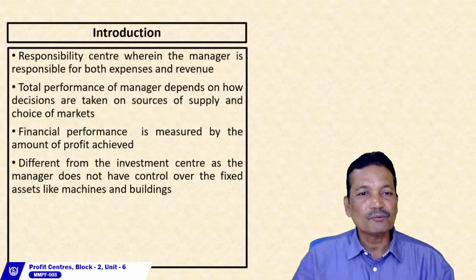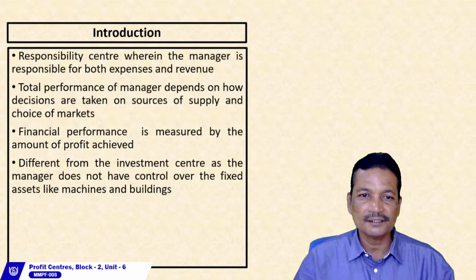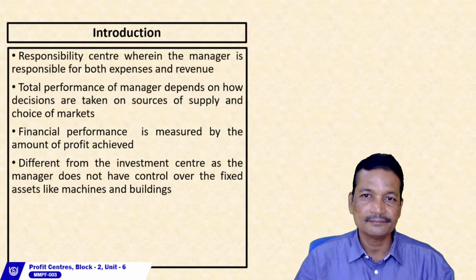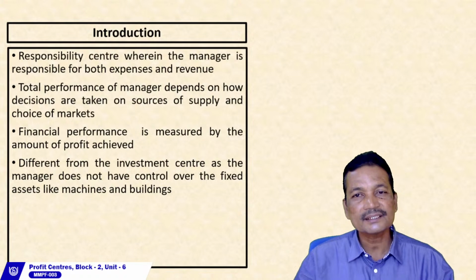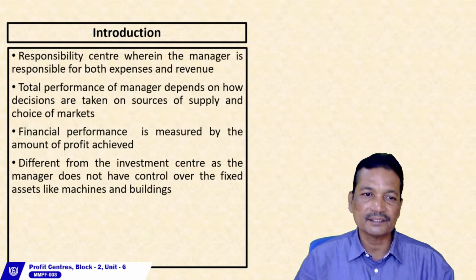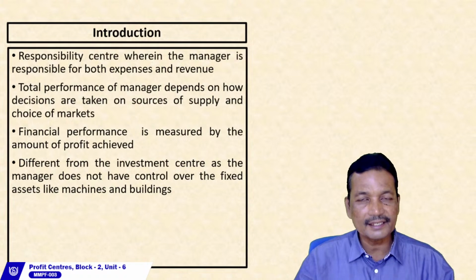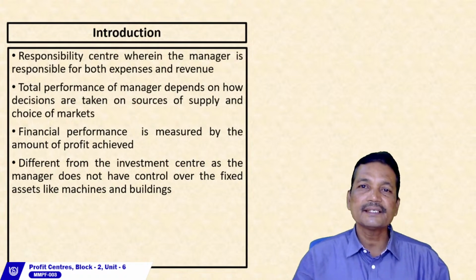The total performance of manager depends upon how decisions are taken on sources of supply and choice of markets. Now here we are saying managers are responsible for profits. They have been given or delegated the authority to take decisions.